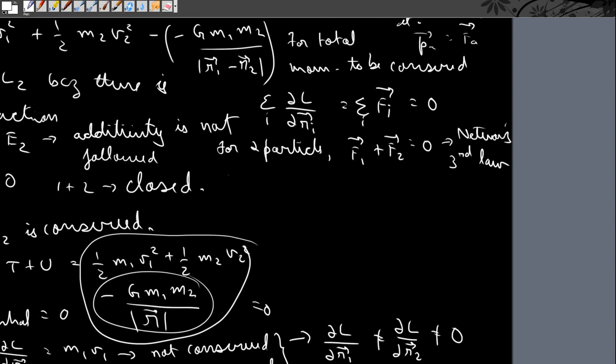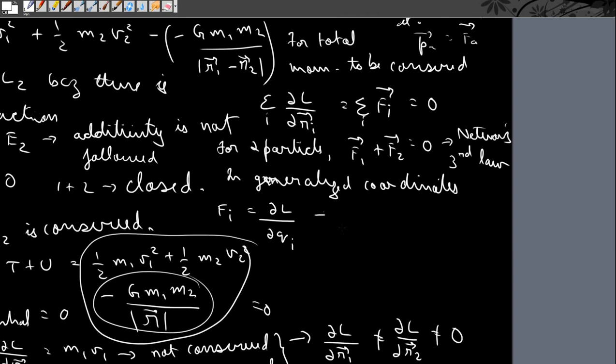Okay, so we get Newton's third law from our condition for momentum to be conserved for a system of two particles. Again, in generalized coordinates, we can similarly define F_i as ∂L/∂q_i and call this the generalized force.